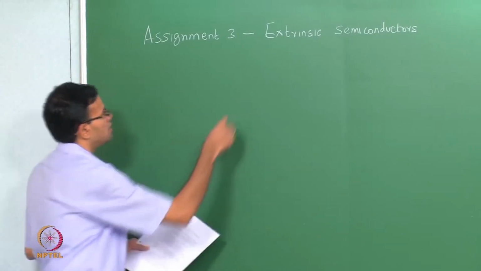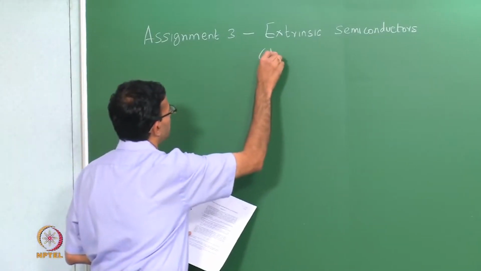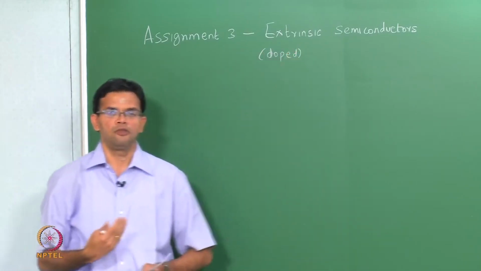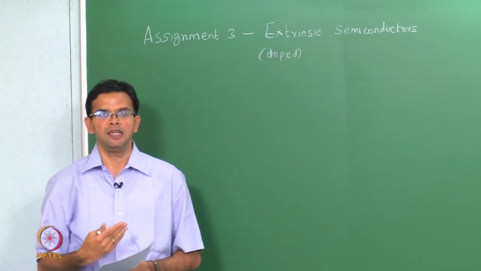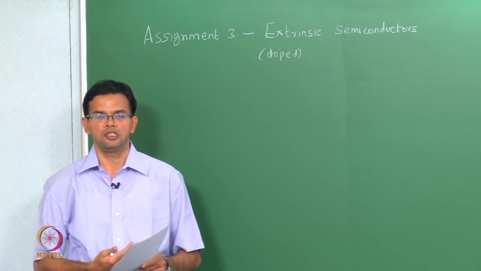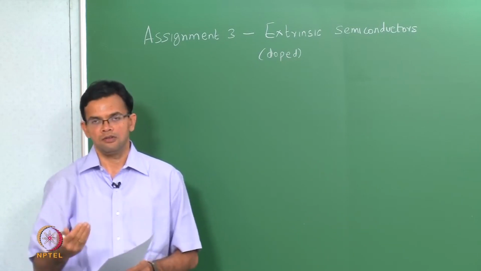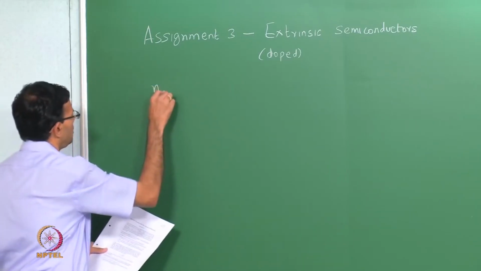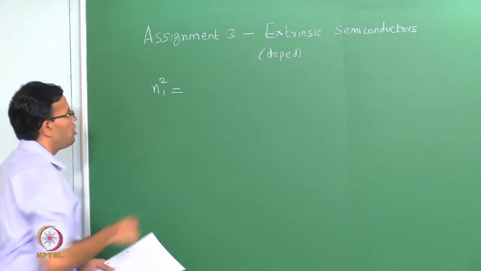Before we look at the numerical problems, let me do a brief recap. Extrinsic semiconductors are also called doped semiconductors. The whole process of doping is to selectively increase your carrier concentration, either n or p. The law of mass action has to be obeyed.